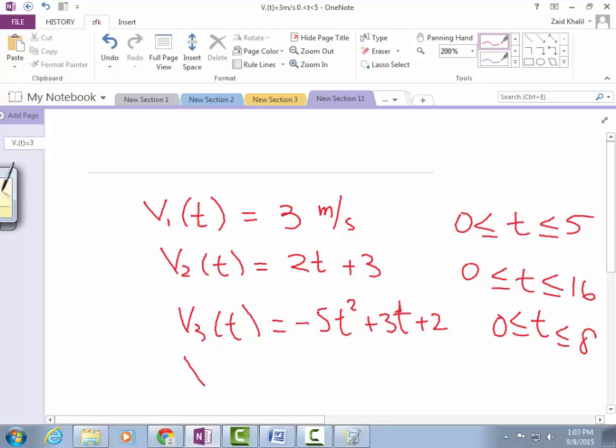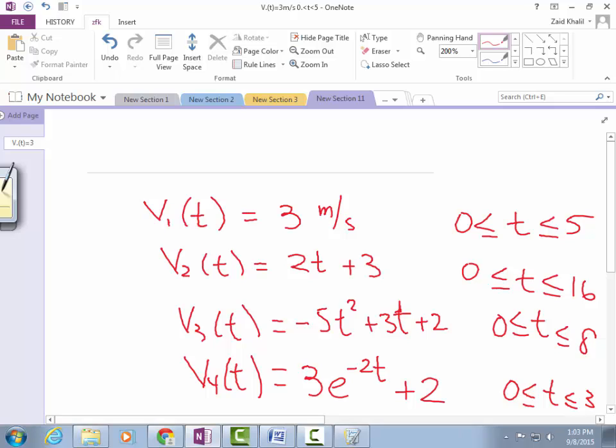And then I'll give you a crazy one, v4 equal to 3e to the negative 2t plus 2, and this is over 0 to 3.